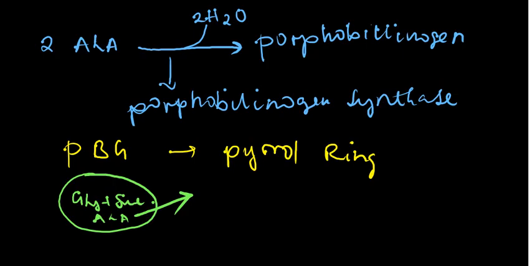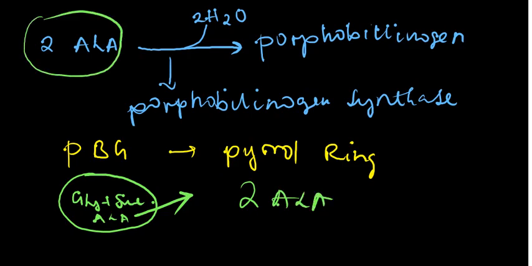In the cytosol, two molecules of ALA combine, or rather condense, to form what we call porphobilinogen. In the process, two molecules of water are released. The enzyme that's used in this case is porphobilinogen synthase.